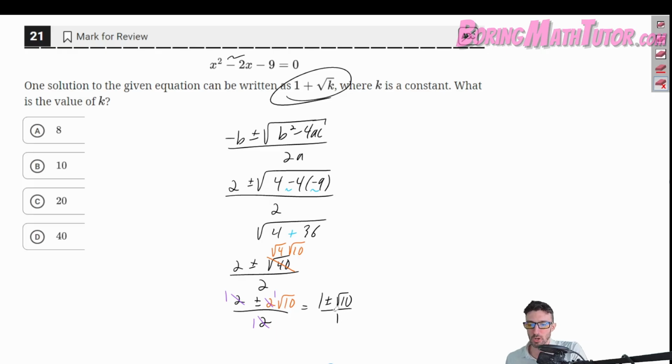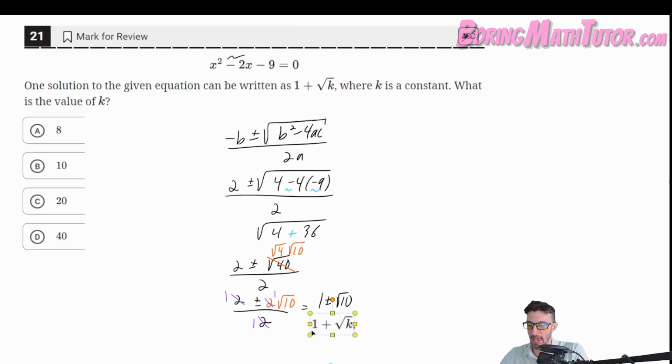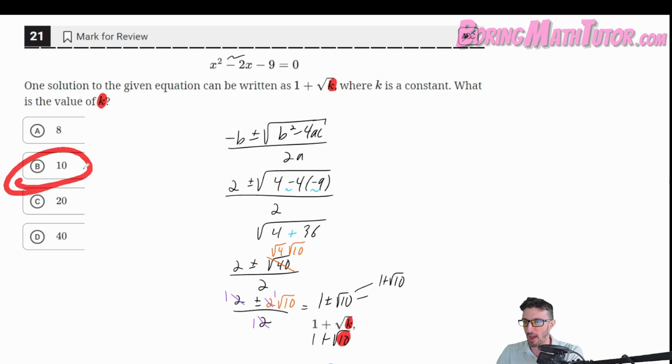But we don't need to put over 1. And now we're matching this up with 1 plus root k. Well, clearly, one of the possible solutions there is 1 plus root 10. And if we're matching up 1 plus root 10 with 1 plus root k, what do you think k's got to be? I'll let you think about it.